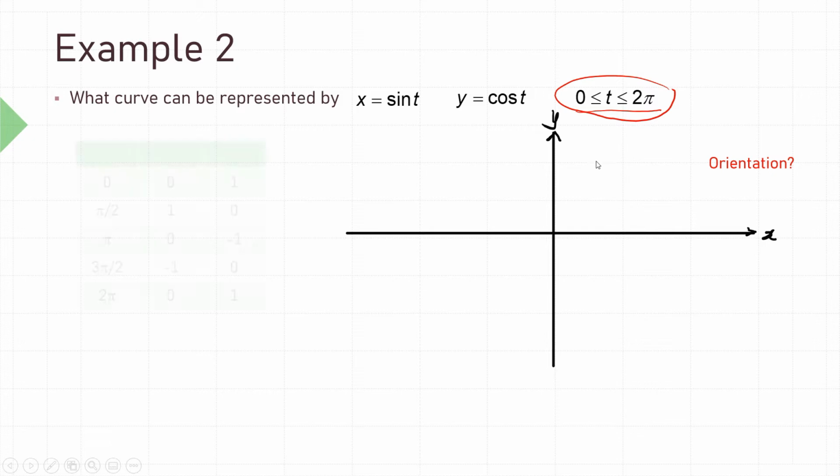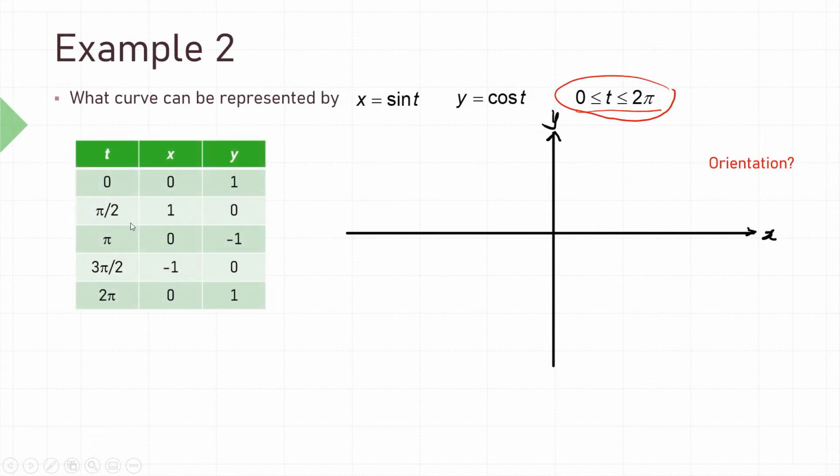Let's say we have this table here. We find the value of x and y for different values of t, so we have these coordinates here. Before I plot that, I just want you to recall how I get the values of x and y.